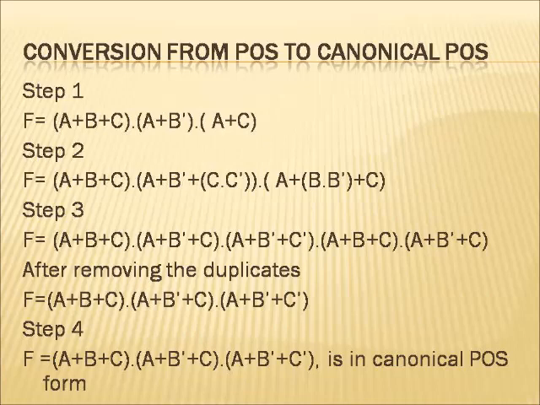So now see step 2. Step 2, f is equal to a plus b plus c. So the first term having all the values, so there is no modification. And second term, that is a plus b bar plus, actually a plus b bar plus 0 we are adding, and 0 is replaced with c dot c bar.